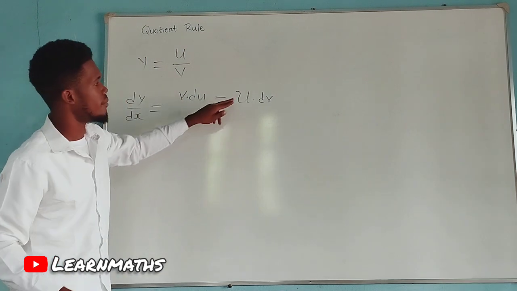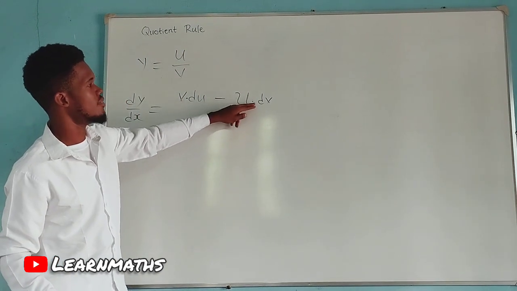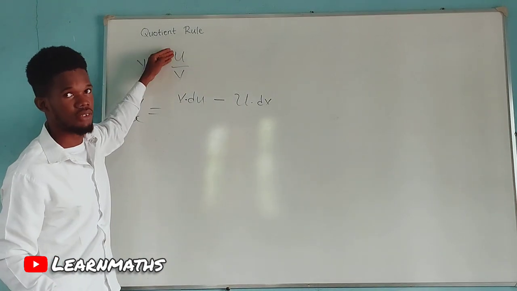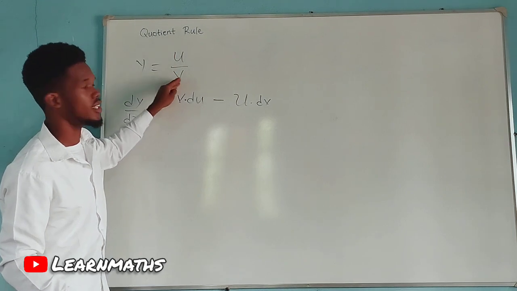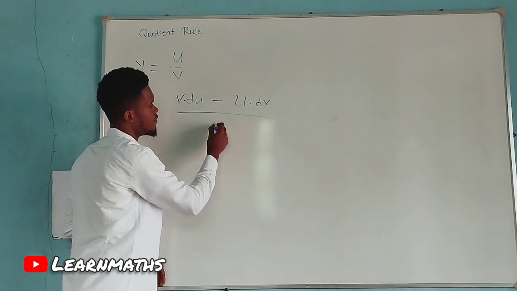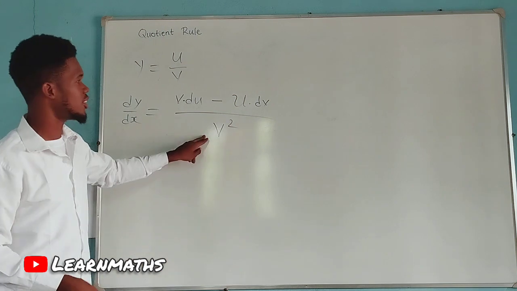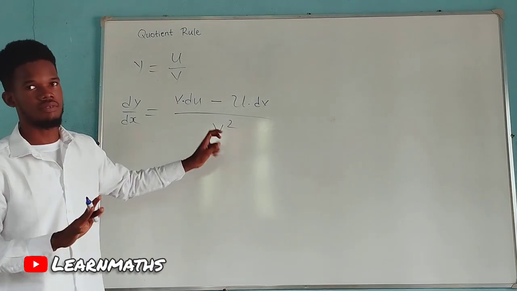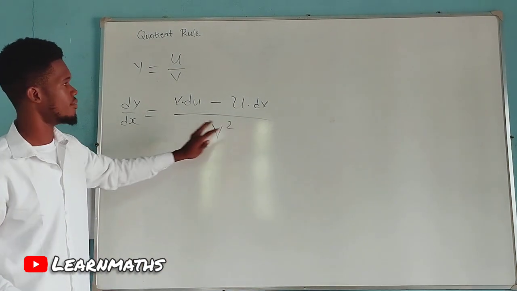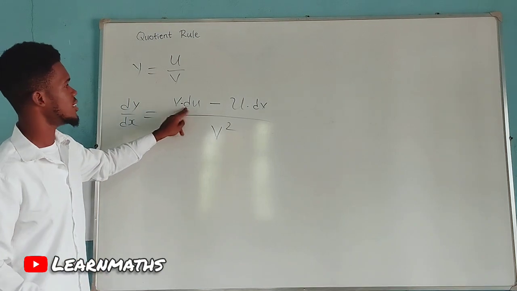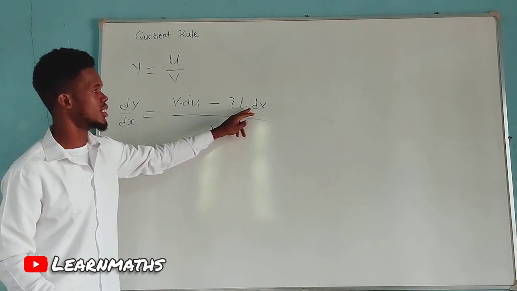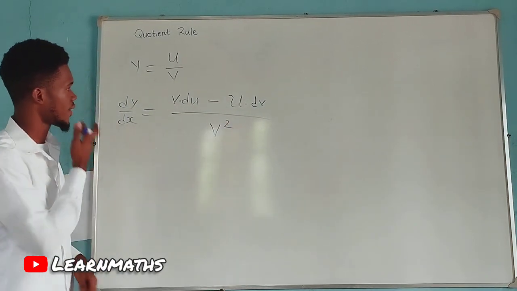Now we are multiplying u, the one above, with the differential of v below, over v squared. That's the denominator squared. We are not differentiating v here, just v squared. This is the formula for the quotient rule: v du minus u dv over v squared.